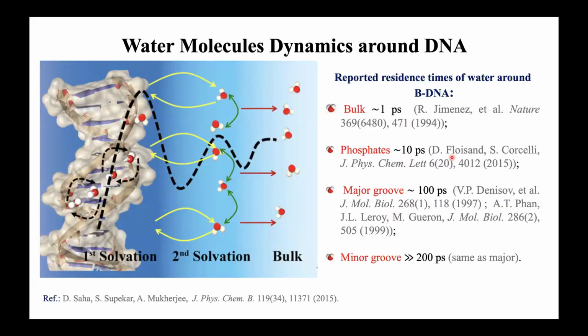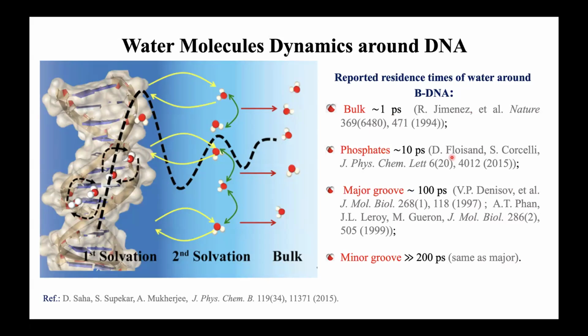So what about the dynamics of the hydration shell? Its dynamics is also not uniform, like its structure, and it depends on the position of the water molecule within the hydration shell around the DNA.